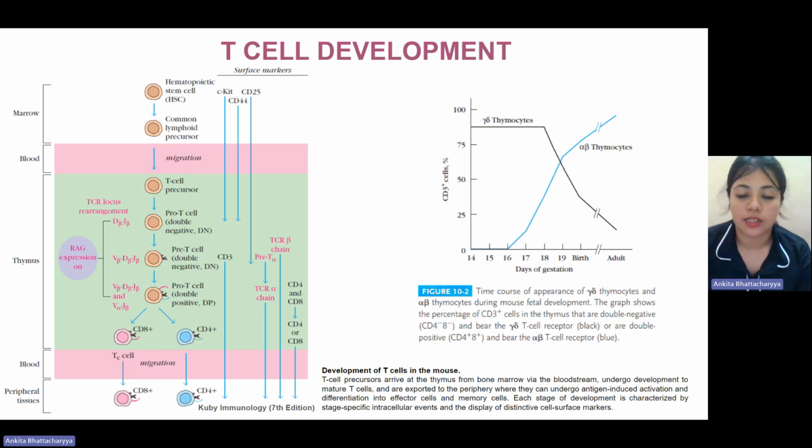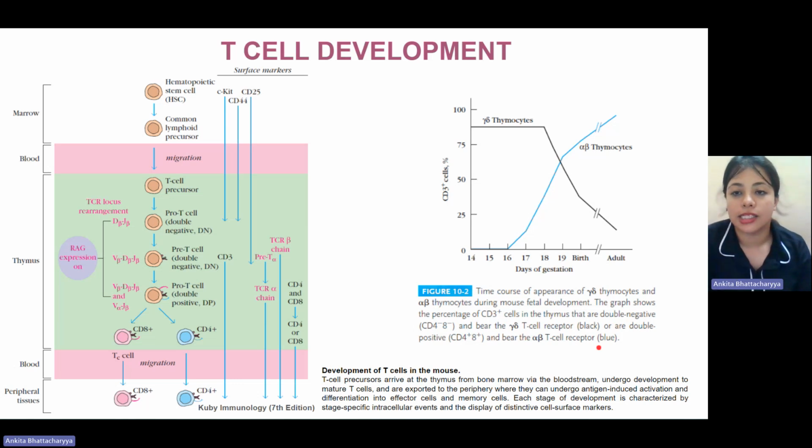So the CD4 positive and CD8 positive phase come much later. It goes from the double positive to the single positive state, and then it can migrate via blood into the peripheral tissues, and then you get these single fated cells. So that is the overall process which takes place.